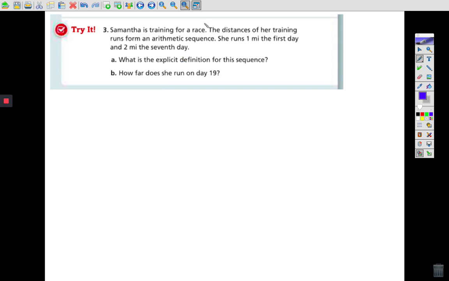So the first thing I notice is that the 7th day, A7, is going to equal 2, right? A7 equals 2 and A1 equals 1. Because on the first day she runs 1 mile and on the 7th day she runs 2 miles. So we have to figure out what the explicit definition for Samantha is.